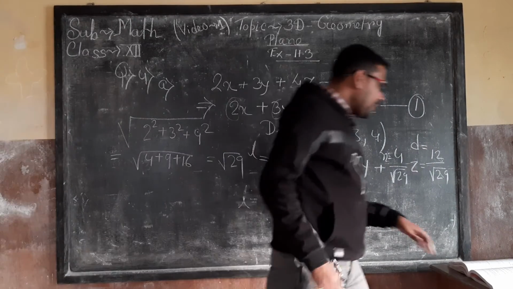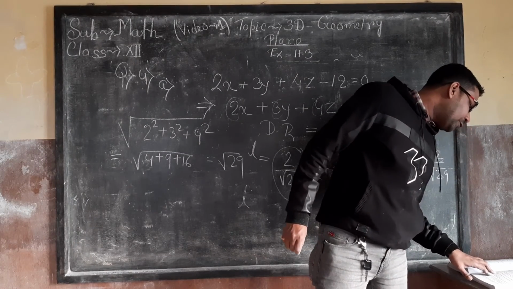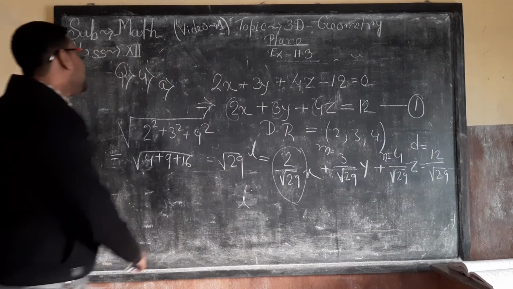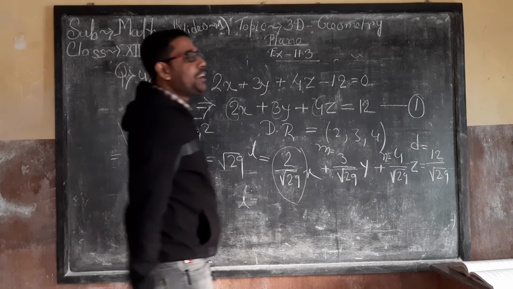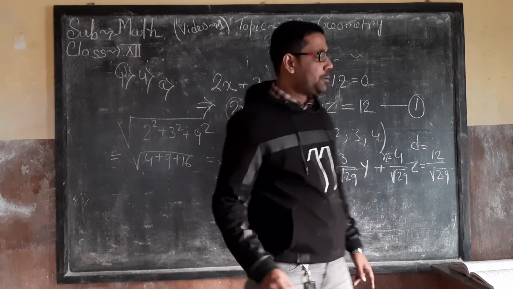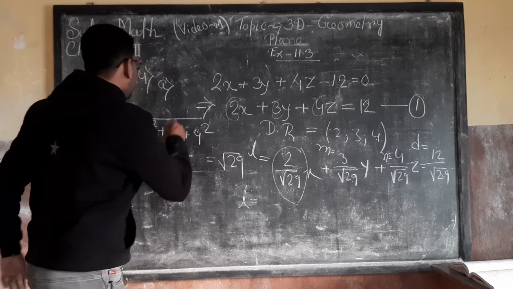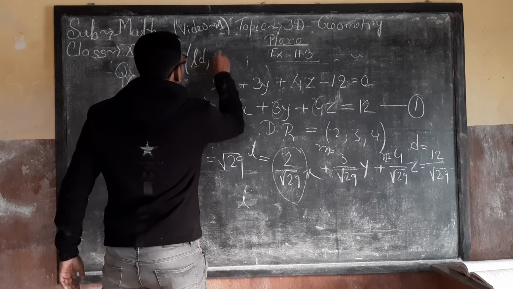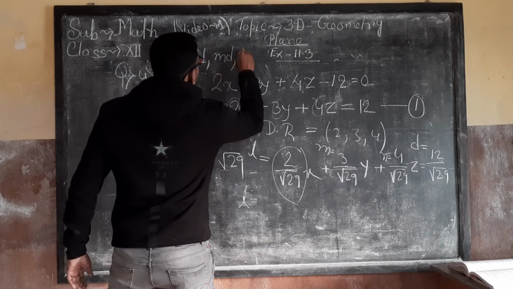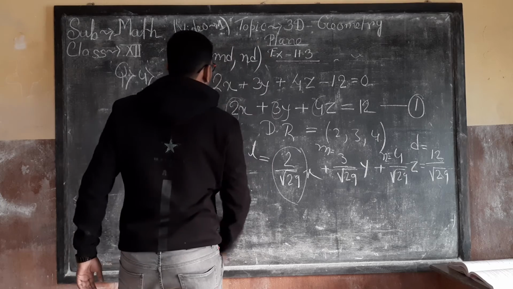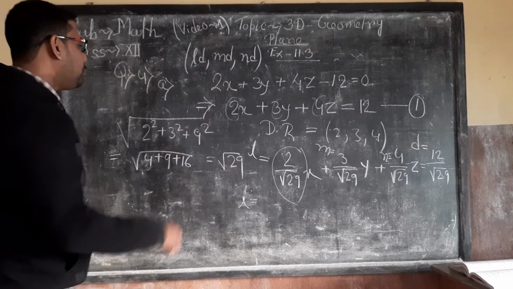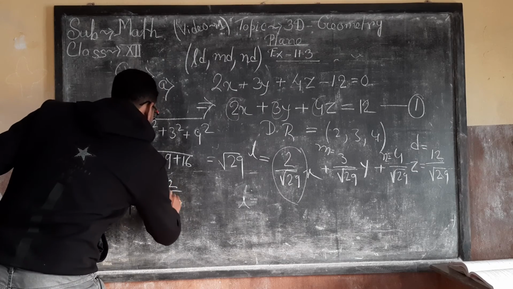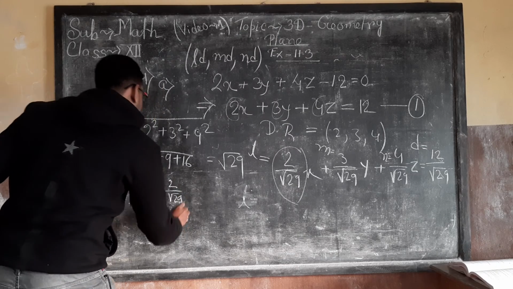Our question is to find the coordinates of the foot of the perpendicular drawn from the origin. And how do we find the coordinates of the foot of the perpendicular? The formula is ld, md and nd.